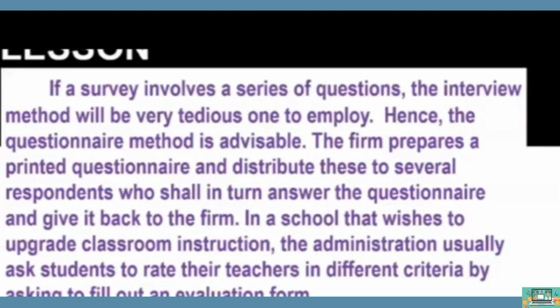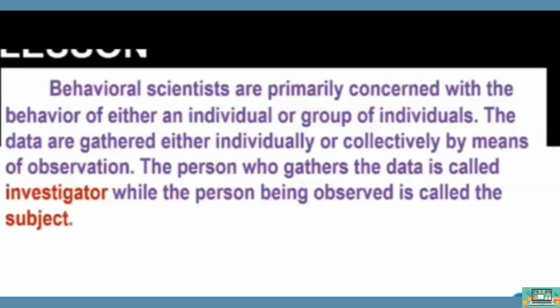In a school that wishes to upgrade classroom instruction, the administration usually asks students to rate their teachers in different criteria by asking to fill out an evaluation form. Behavioral scientists are primarily concerned with the behavior of either an individual or a group of individuals. The data are gathered either individually or collectively by means of observation.